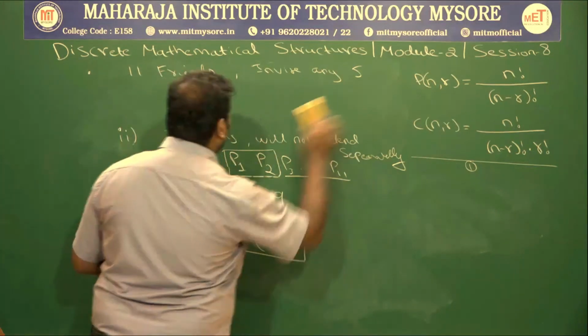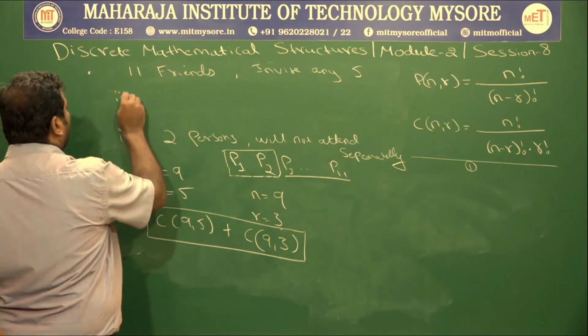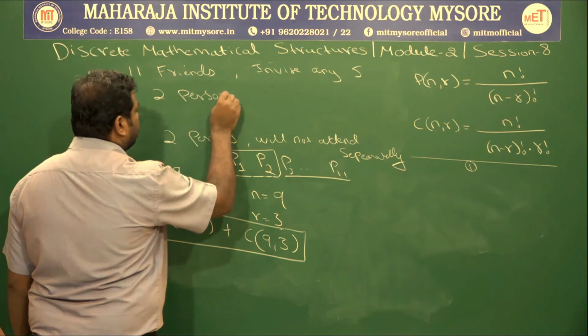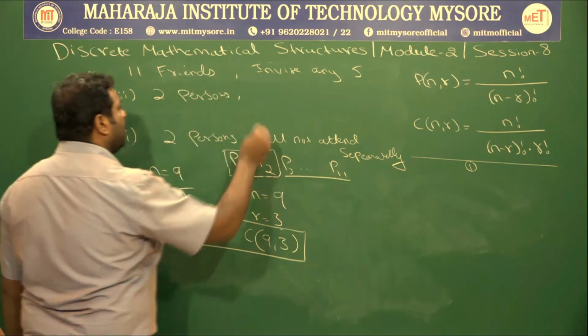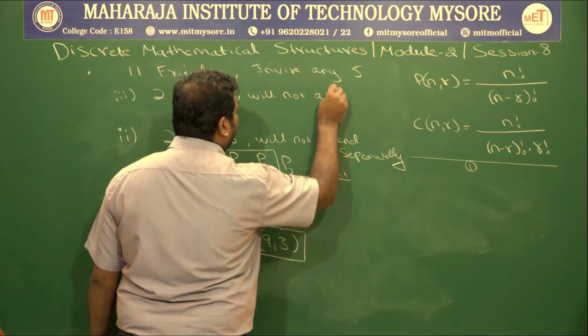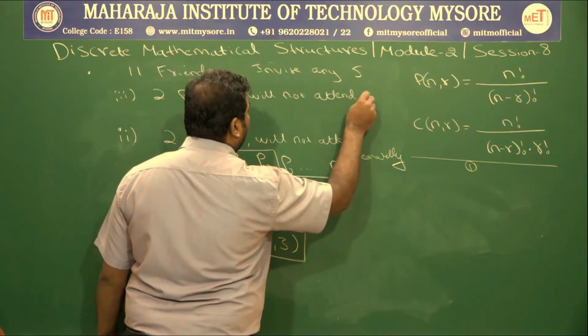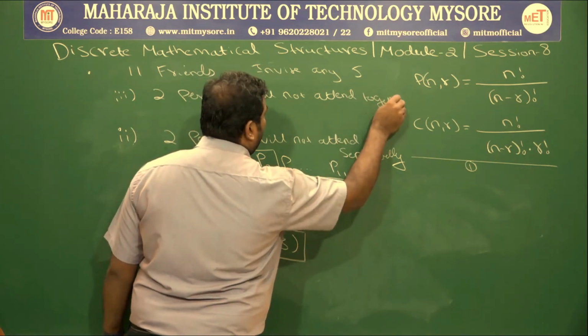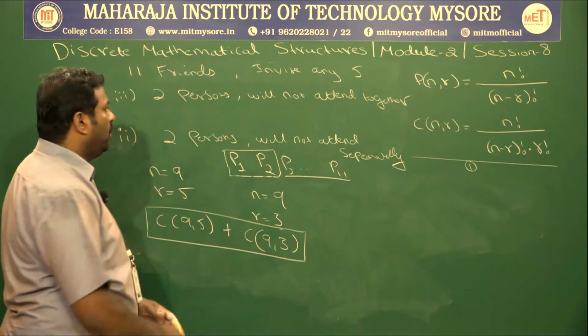Where I am going to have two persons who will not attend together. So now what do I do?